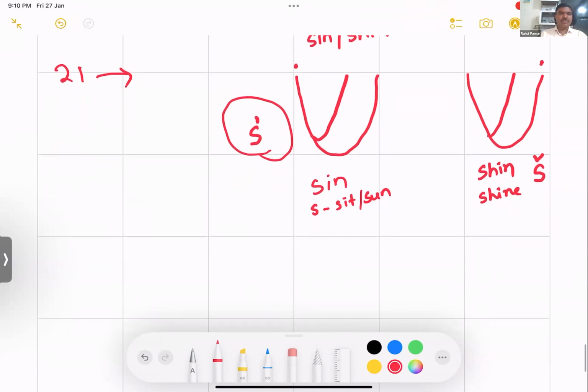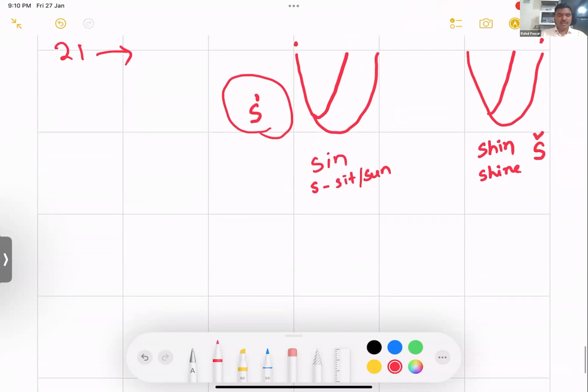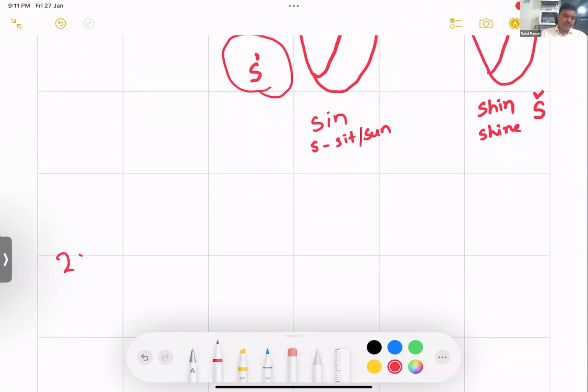Okay, we are going to finish in 2-3 minutes. The last alphabet, the 22nd alphabet, is called Tau.